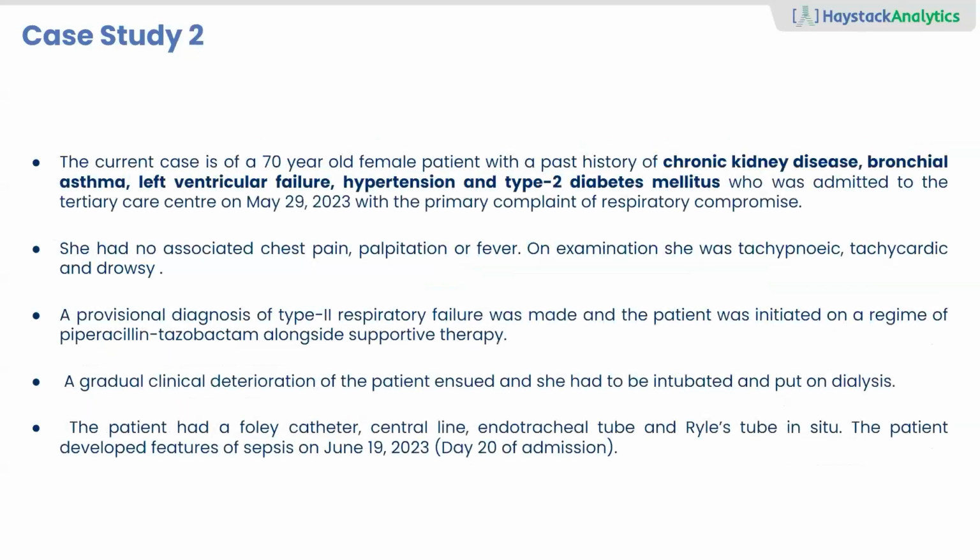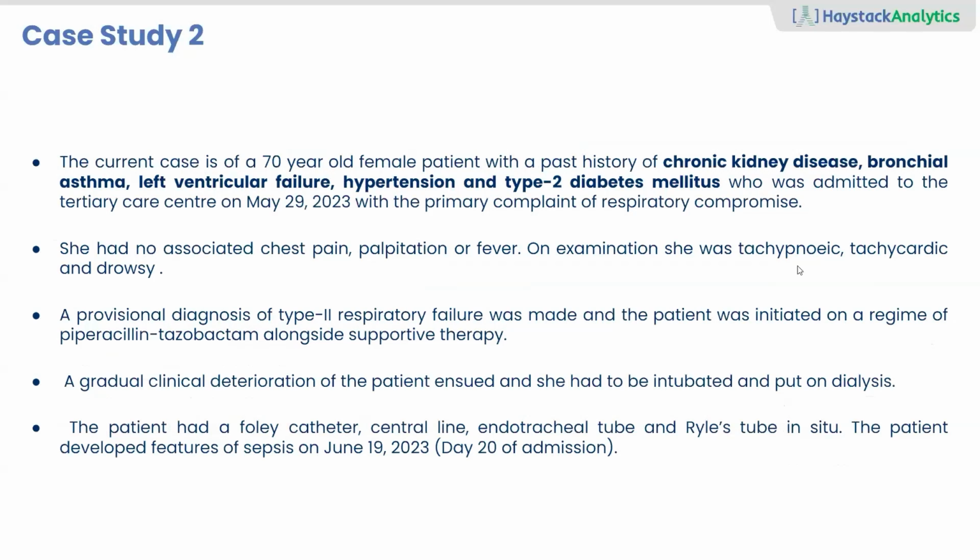Next slide. This is another case study. A 70-year-old female patient with past history of chronic kidney disease, bronchial asthma, left ventricular failure, hypertension, type 2 diabetes. So many conditions. She was not associated with chest pain or palpitation or fever. On examination, she was tachypneic, tachycardic, and drowsy.